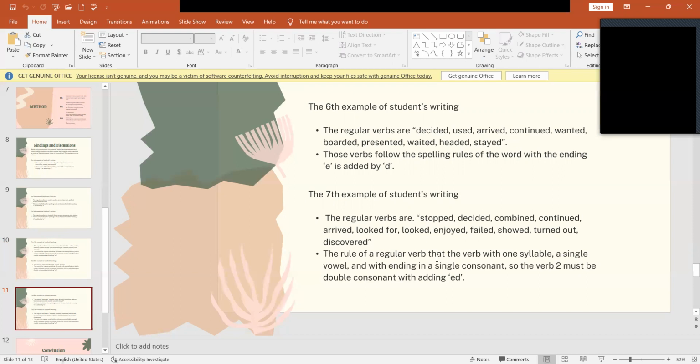The rule of regular verbs: a verb with one syllable, a single vowel, and ending in a single consonant, so verb 2 must double the consonant with adding ED. For example, verb 1 is stop, changing into stopped, and verb 1 decide changes into verb 2 decided, and verb 1 combine changes into verb 2 combined.